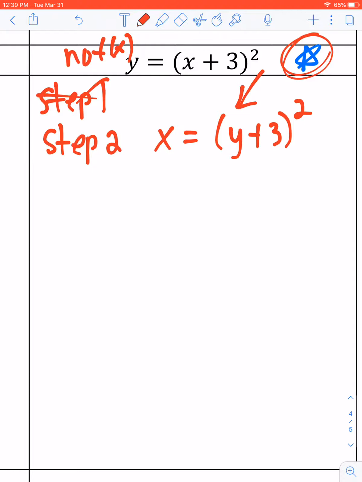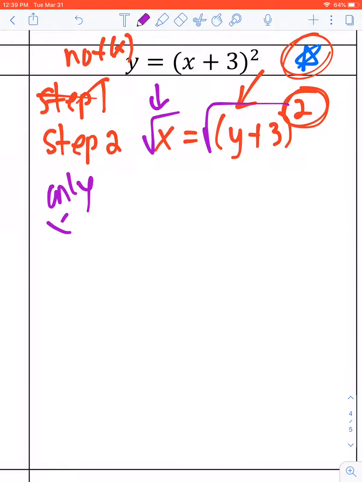Your y is trapped inside the parentheses, which means you're going to have to get rid of that power of 2 first. So to do that, I'm going to take a square root. It's only the x that is underneath the square root, and it gets the plus or minus.